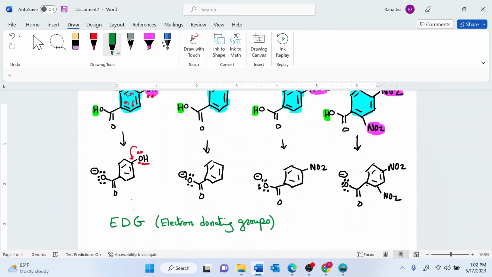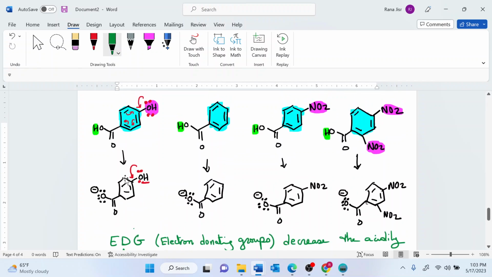So electron donating groups decrease the acidity of the acid by simply making its conjugate base less stable.